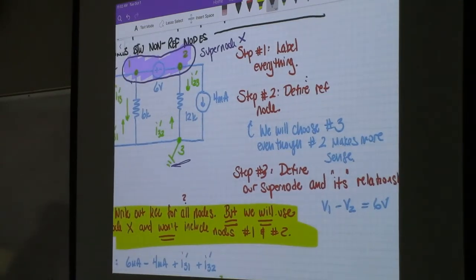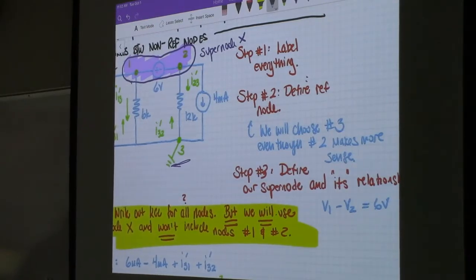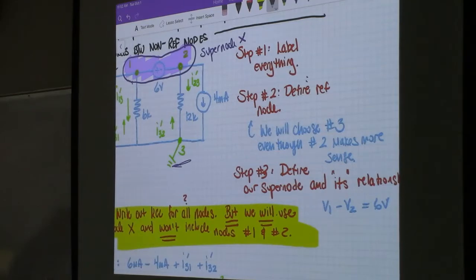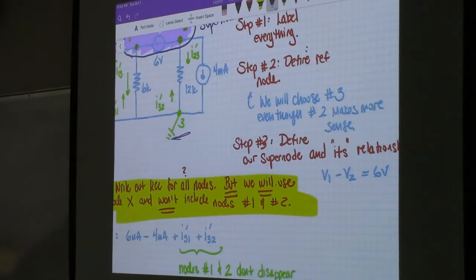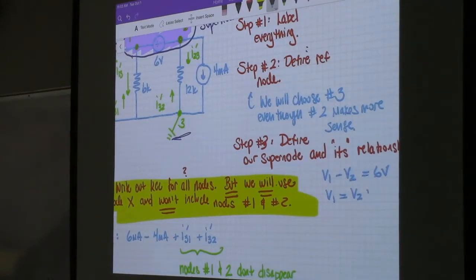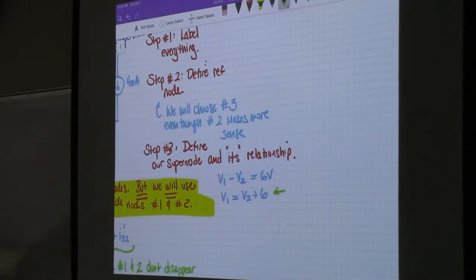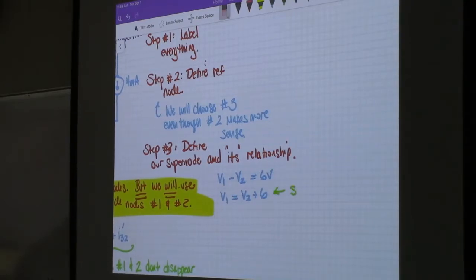Everybody see why that's the case? The voltage going from 1 to 2 is 6. So if I wanted to do a substitution, I could also say V1 is equal to V2 plus 6. This can be used for substitutions later on.